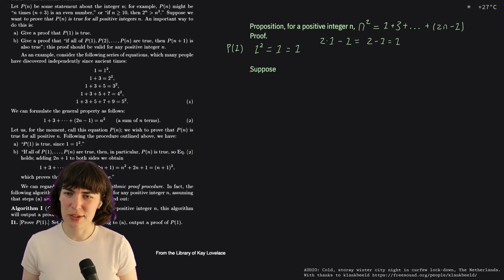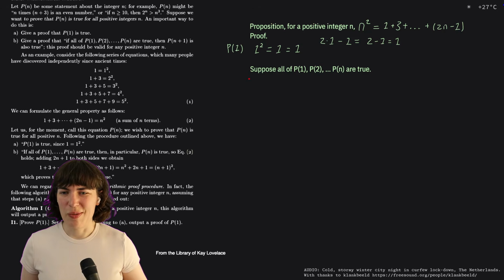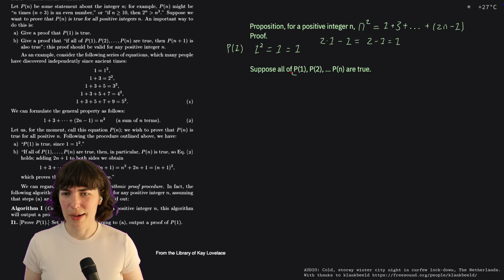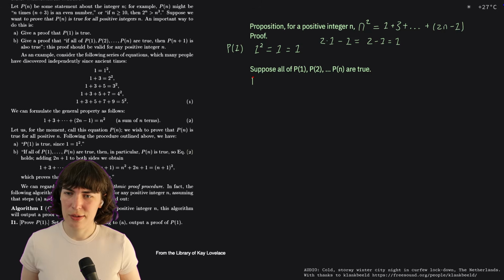I've seen it: suppose that all of them are true, and then we do something where we need to show that if these are all true, that will imply that Pn plus 1 is also true.